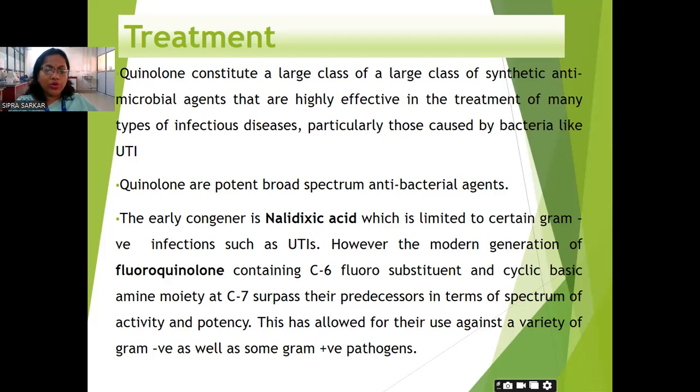Now I am going to the next structural category. Nalidixic acid is the first category, and the 6-fluoroquinolones, that is the fluoroquinolones, are an important category which can be used for the treatment also.